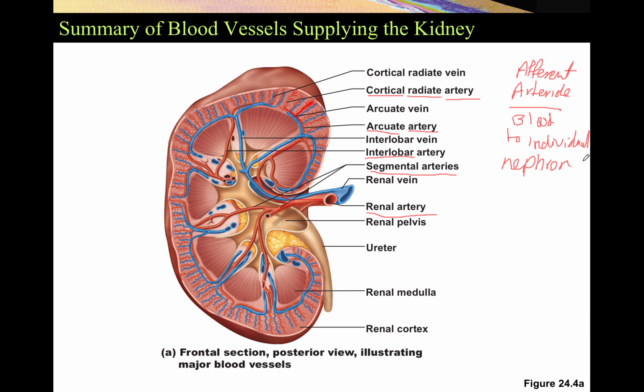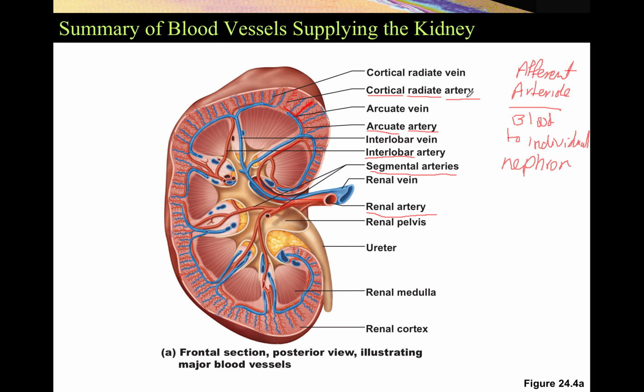So when we're thinking about supplying blood to be filtered to an individual nephron, the immediate branch that provides that supply of blood is the afferent arteriole, which is a tiny branch coming from the blood vessel called the cortical radiate artery.